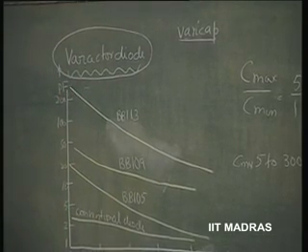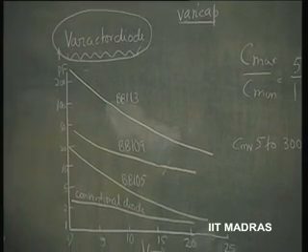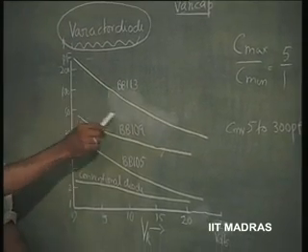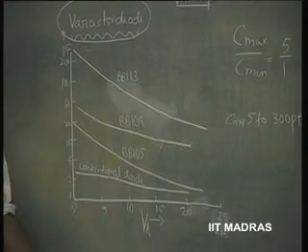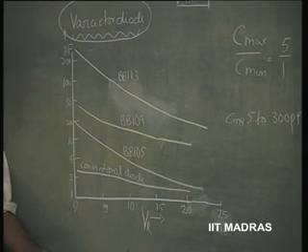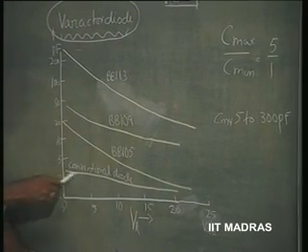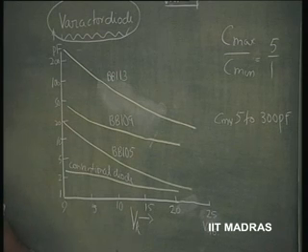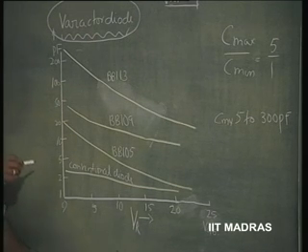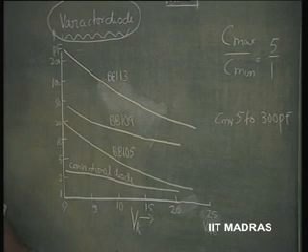So, I have now given you the typical characteristic of commercially available Varactor diodes, 3 of them, compared with a conventional diode, whose variation from maximum to minimum is not going to be significant, because it has not been manufactured for the purpose of using it for its variable capacitance.